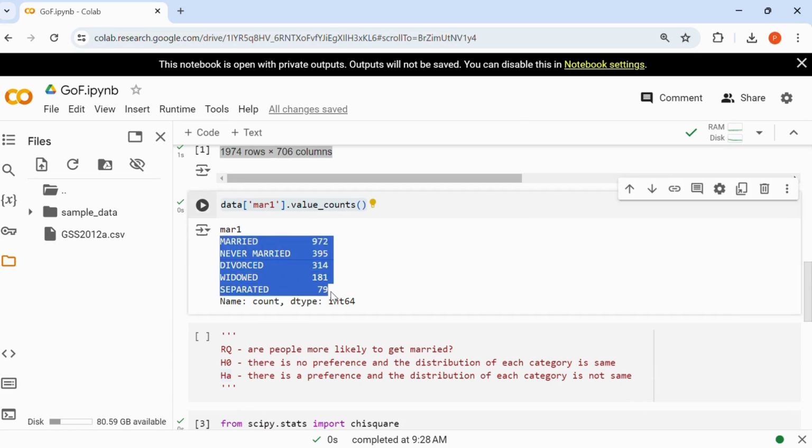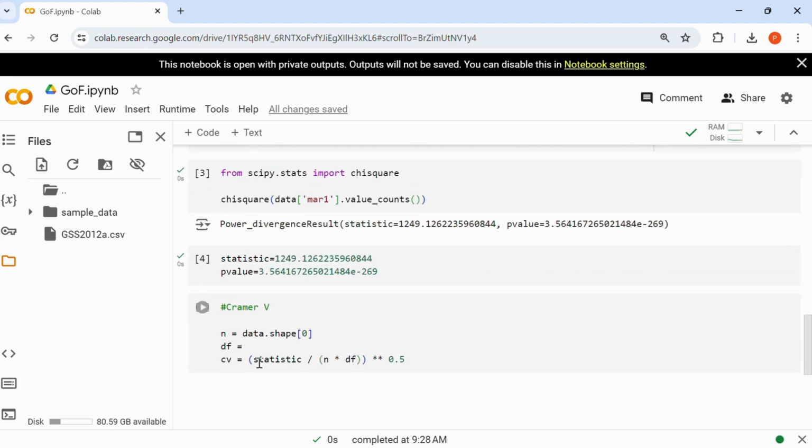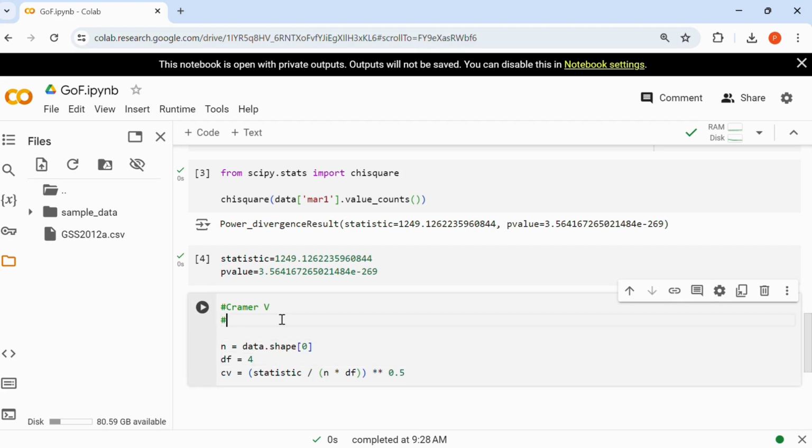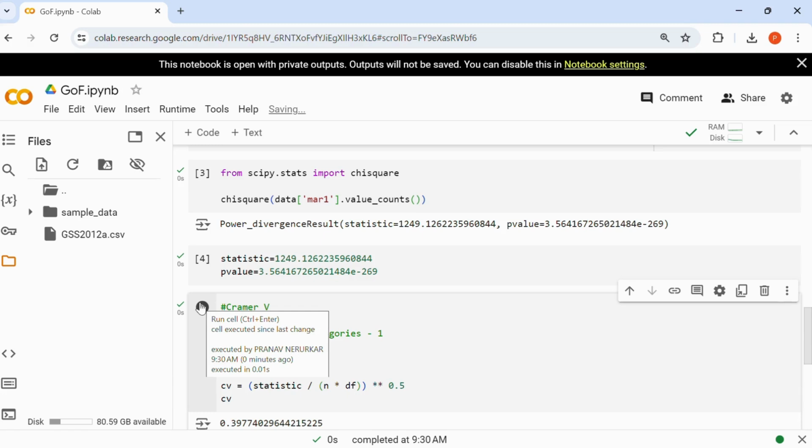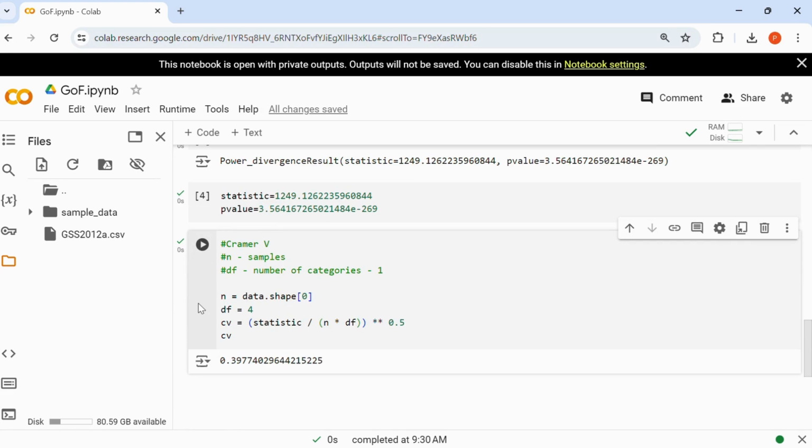So there are 5 categories, so df will be 4. I am writing a note that n is samples and df is number of categories minus 1, and that gives us the Cramér V effect size, which we are getting here as 0.3977.